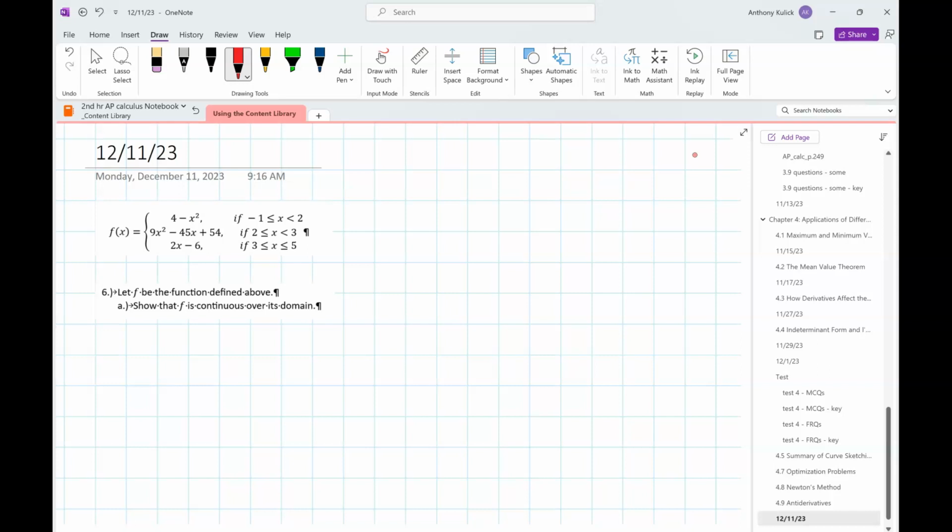So this problem, my hope was that it was going to be pretty easy. It did not turn out to be that way, so let's talk about what we were supposed to notice along the way. To show something like this is continuous over its domain, we need to do 2 things, right?